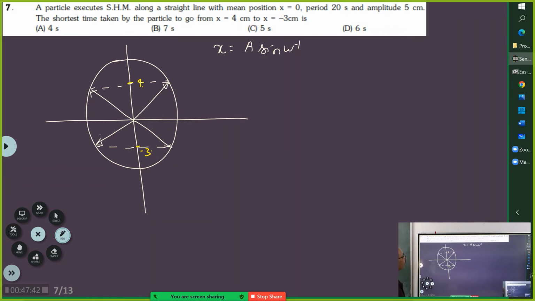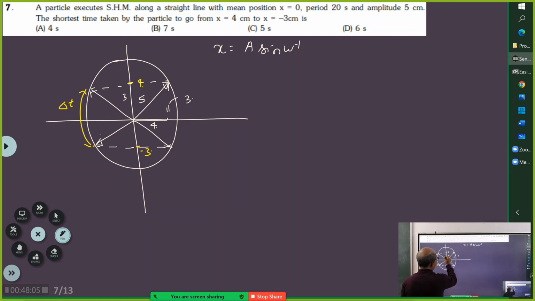So they have asked for the shortest time taken by this, so you have to calculate this one, delta. This is the shortest time. They have told the amplitude is 5 and this distance is 4, so obviously this should be 3.